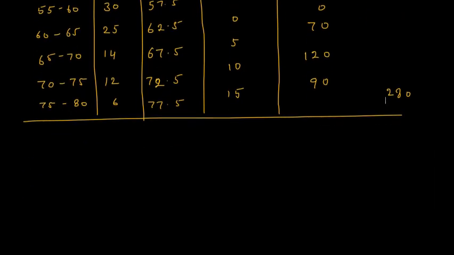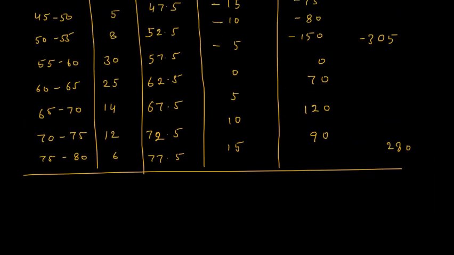So 280 minus 305, so your answer will be negative, minus 25. Sum of frequency: 5 plus 8 is 13, plus 30 is 43, plus 25 is 68, plus 14 is 82, plus 12 is 94, plus 6 is 100.